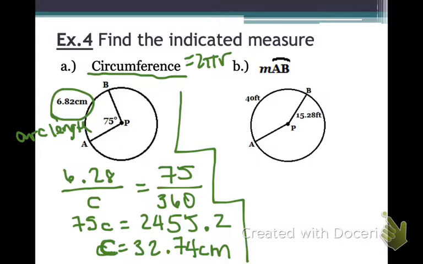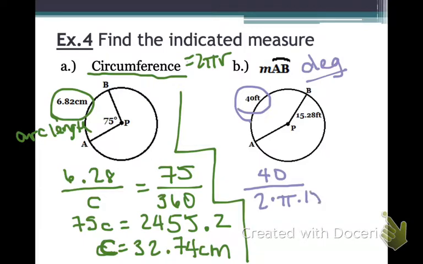All right, last problem here. I want you to find the measure of arc AB. So I want you to find the degree measurement. That's what I'm looking for. Now, again, I gave you the arc length of 40 feet. So I'm going to do 40 over 2 times pi times 15.28, that's 2 pi r, equals the degree over 360.